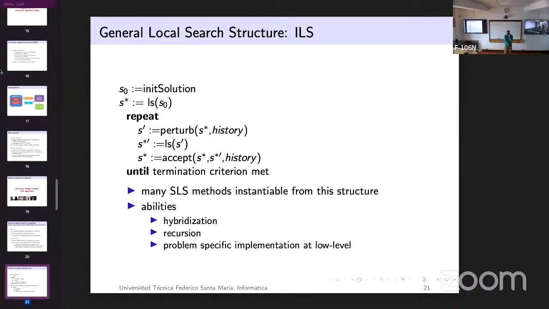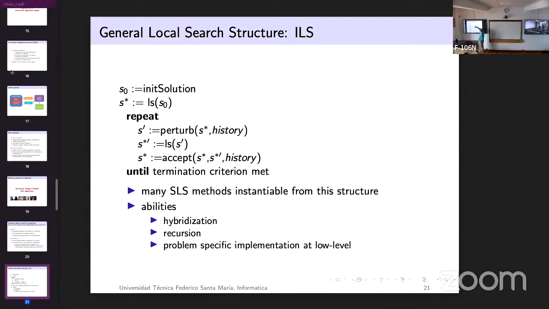And the general local search structure is an ILS. Everybody knows what the ILS is. It's this. We start with an initial solution. We afterwards do a local search. Then we are in the space of the optima.